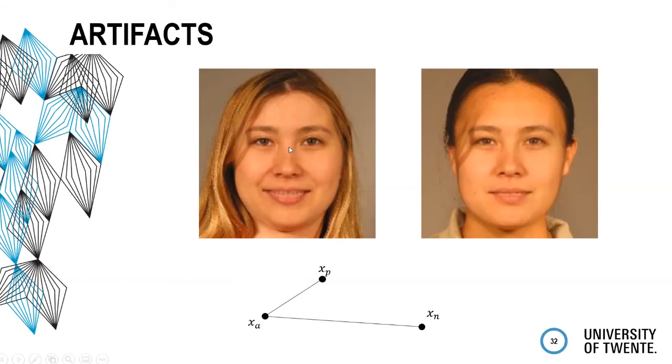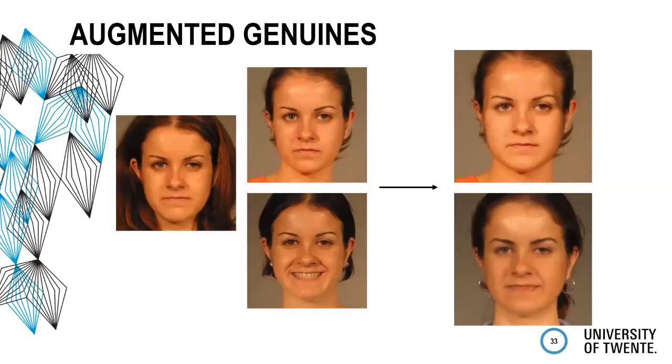We don't want it to overfit on finding artifacts, because we assume that in practical scenarios these kind of artifacts wouldn't be present. So one way would be to clean up the data set of morphs. But since you need very large amounts, or very large numbers of photos, this is not realistic.